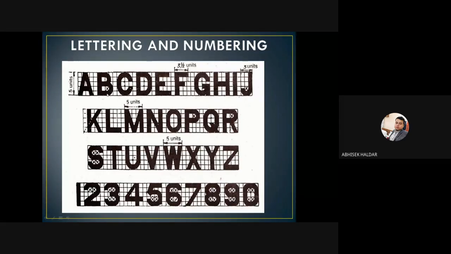But whatever you write on the drawing sheet, say you have drawn a particular drawing and you are writing the name of that drawing at the bottom, keep in mind that all the words and fonts you write must be in capital letters. No small letter will be allowed. That is the first thing. Now, the second one: when you are writing in capital, say you are writing cycloid.